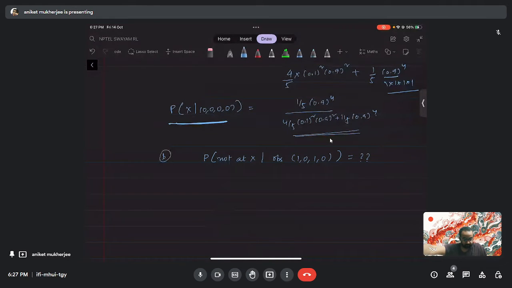So we find the probability using the same method for X, and then we do 1 minus that probability. Yes, exactly. So you try to find the probability of being at X given the observation.